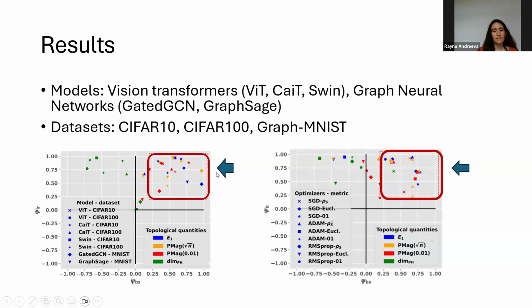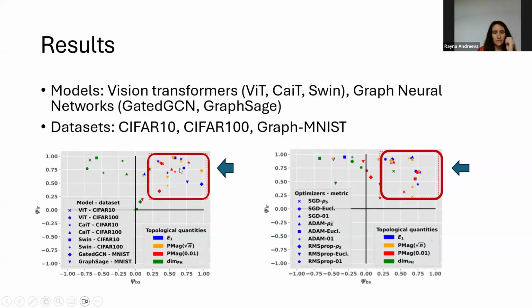What one needs in order to be sure that they are truly measuring generalization is a high value on both the coefficient with the batch size and with the learning rate. So all the points that are in the top right corner are considered to be good measures of generalization.